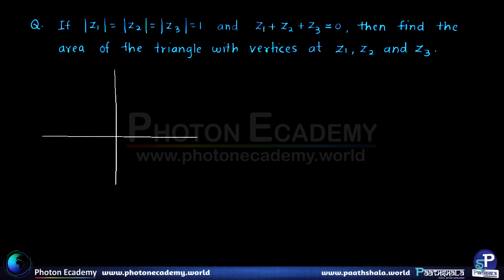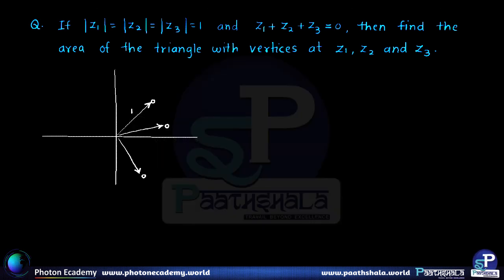One number may be here, another number may be here, and the third number may be here. We know that this is one possibility, with each at a distance of 1.